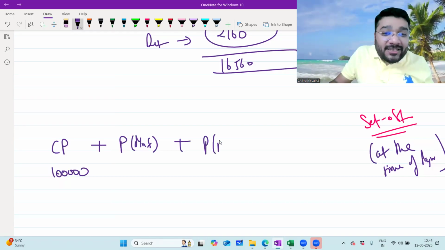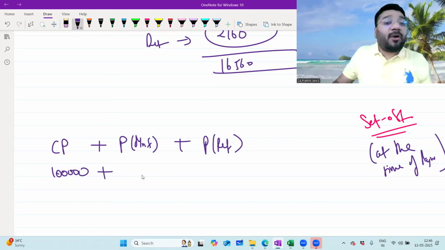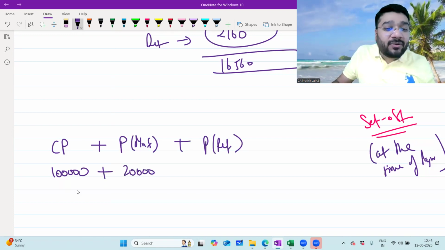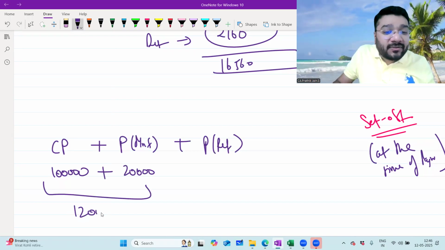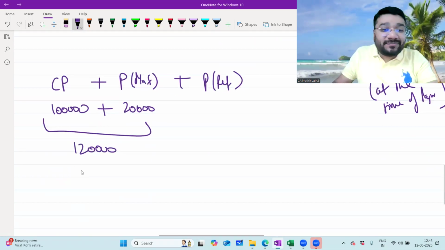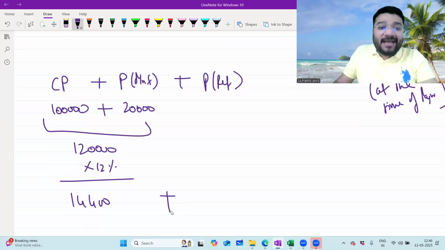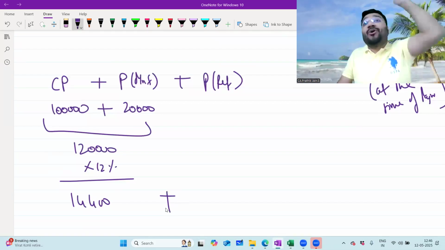It's the profit margin of the retailer. So cost price plus profit. Profit is 20,000. Both put together how much? 1,20,000. On this 1,20,000, 12% GST how much? 14,400.